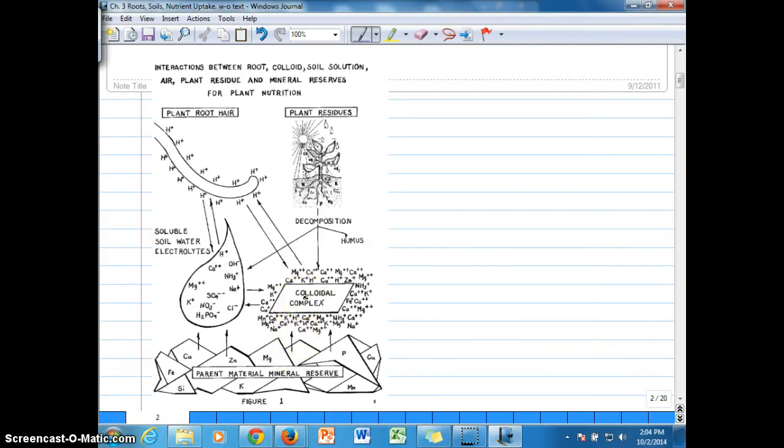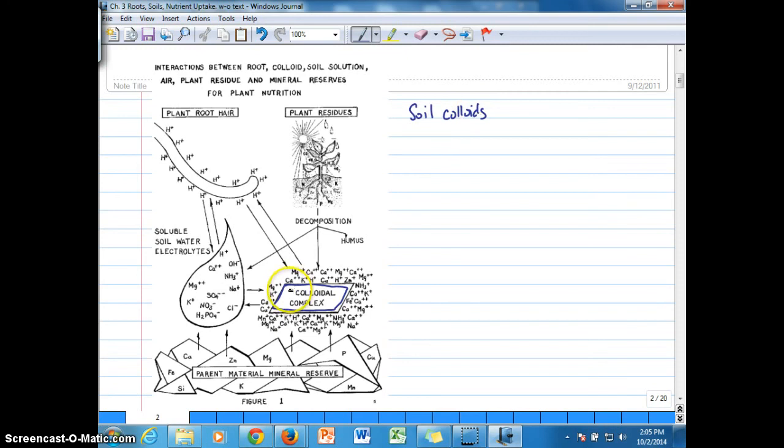So we're going to take a look at what's happening in the center of this figure here. So what we're looking at right in this area here that we're going to outline in blue is the soil colloidal complex. So we're looking at soil colloids here.